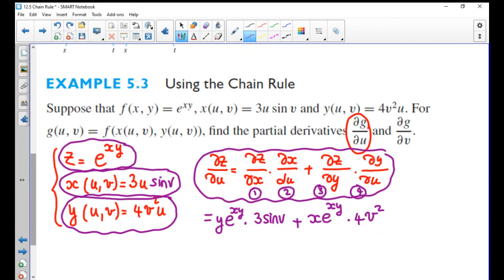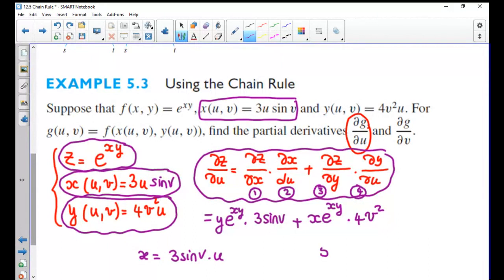Can you see x here? x is 3u sine v. Yeah, remember 3 sine v, this is x, yes? 3 sine v multiplied by u, like this, yeah? It's 3 sine v multiplied by u.